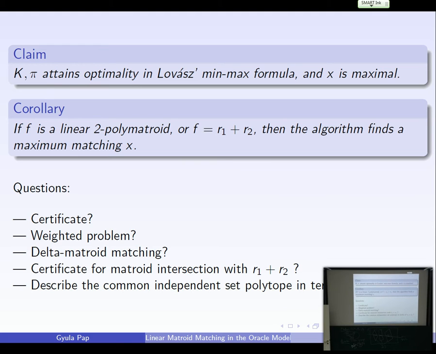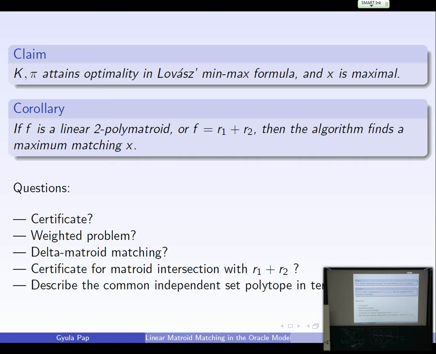How can we, is there a way, for example, to describe the common independent set polytope for matroid intersection in terms of R1 plus R2? I don't know how you can do that. R1 plus R2 determines that polytope, but I don't know how to find a nice description. I don't know if it has quota rank 1. If we would take a rank of a set and round down to the closest even number. I don't know.